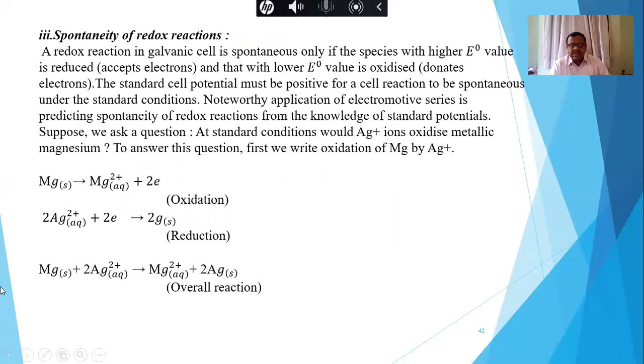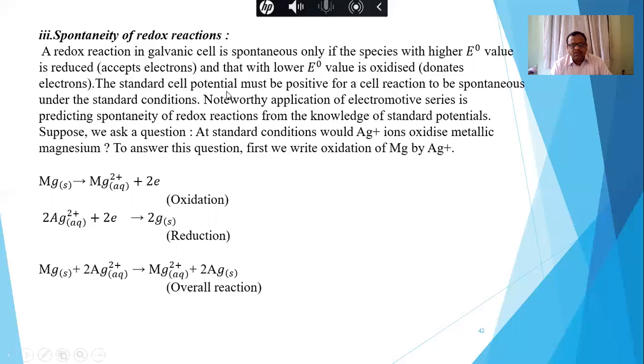In a galvanic cell, the redox reactions spontaneously take place if the species with higher E standard value is reduced, and that with lower E standard value is oxidized.